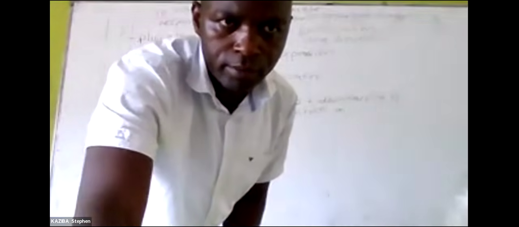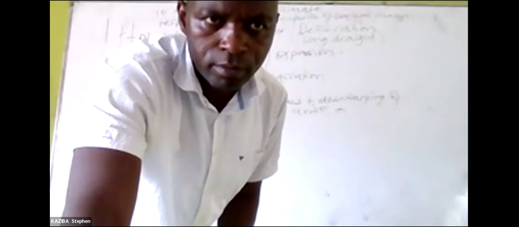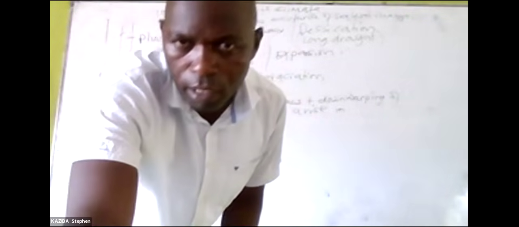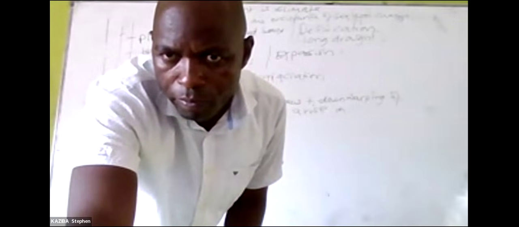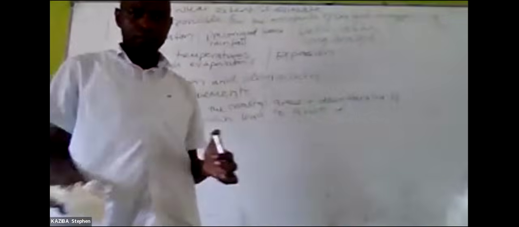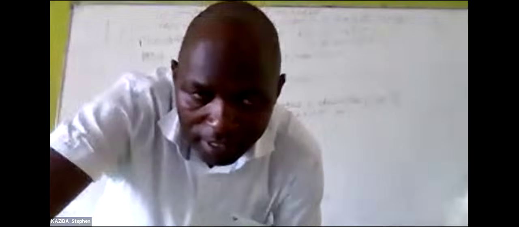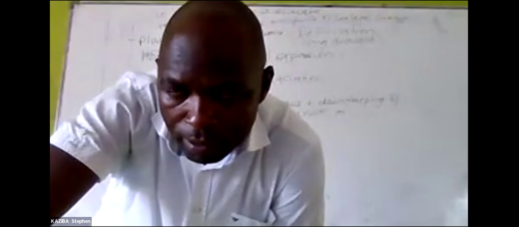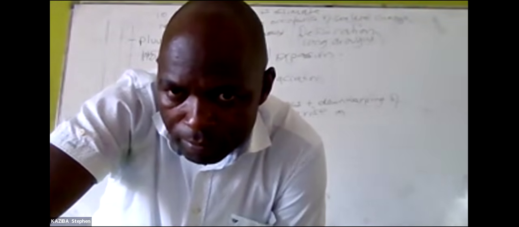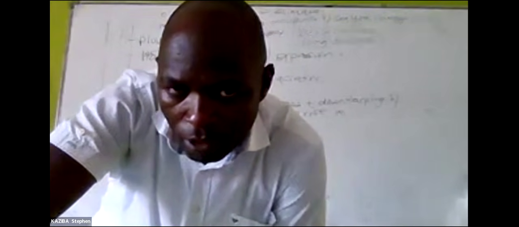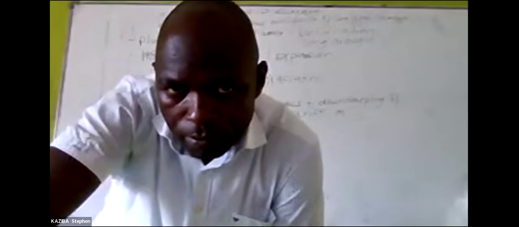Yes, someone is asking. So you give the causes. You know the causes. Since you know the causes, let me go to the landforms now. Someone asks: should we draw the map of East Africa when describing soil erosion? No, you don't draw.